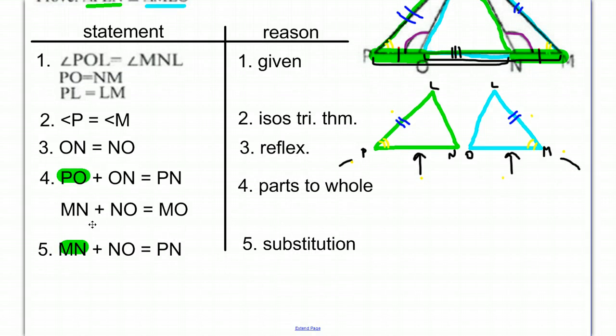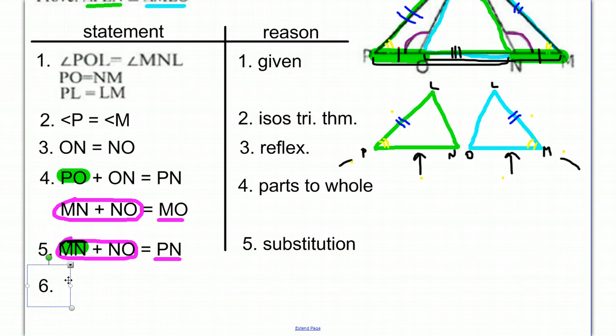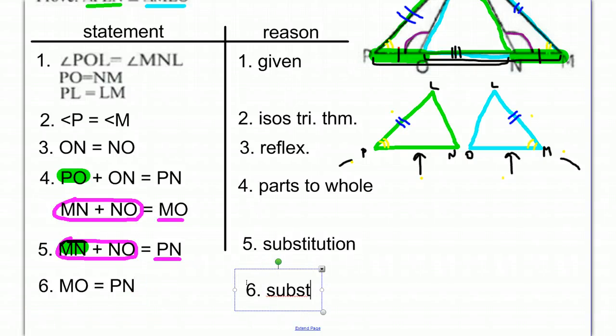Last step down here is to do a second substitution where I take this entire side of this equation, MN plus NO, MN plus NO, they're both the same, so I'm going to therefore say that MO equals PN. These two parts are the same, these two parts have to be the same. So MO equals PN, again by substitution.